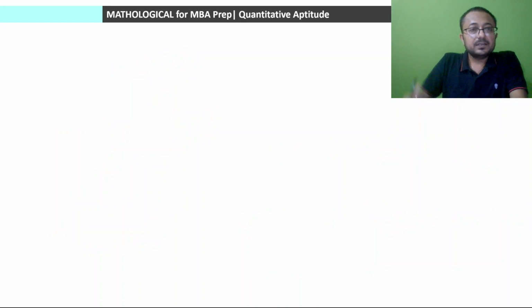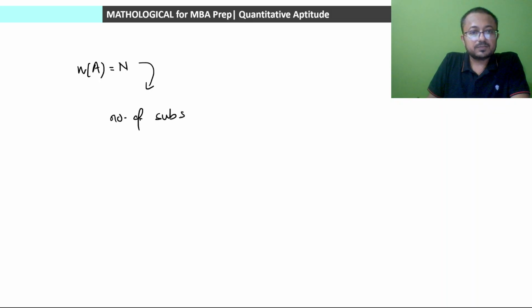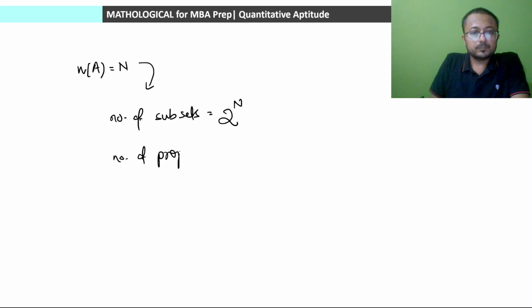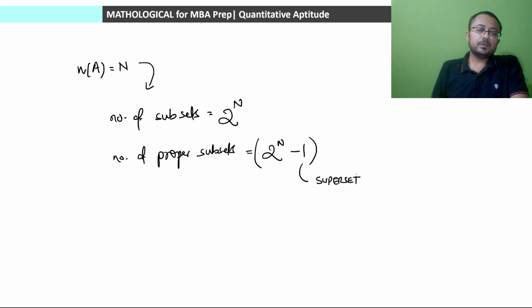So in general, if the number of elements in a set is equal to capital N, then number of subsets क्या होगा? The number of subsets in such a case will be 2 to the power n, because for every element there will be two choices. And the number of proper subsets will be 2 to the power n minus the set itself, the original set, so 2 to the power n minus 1.